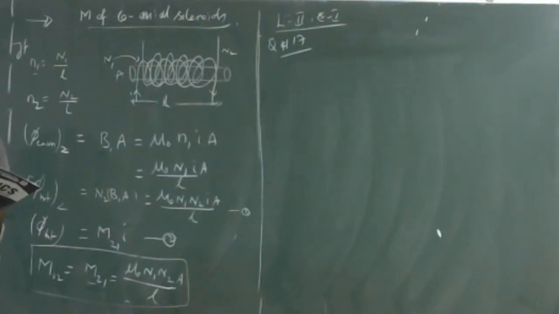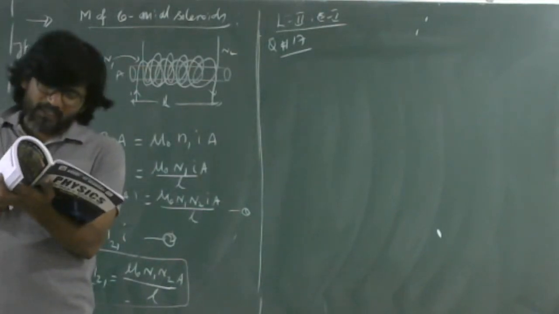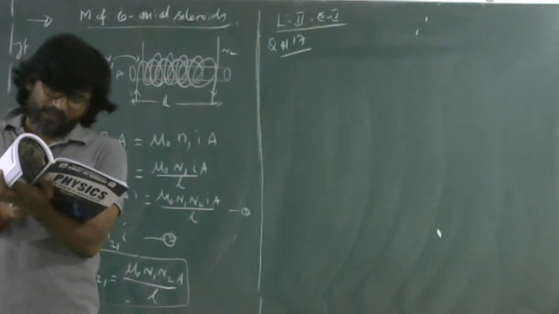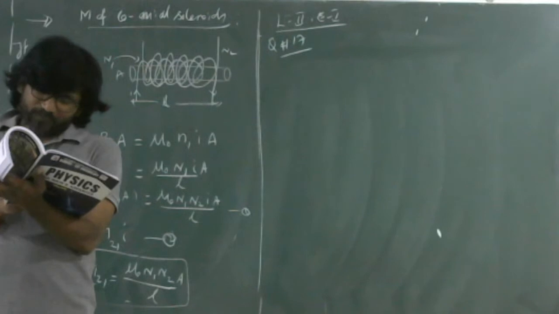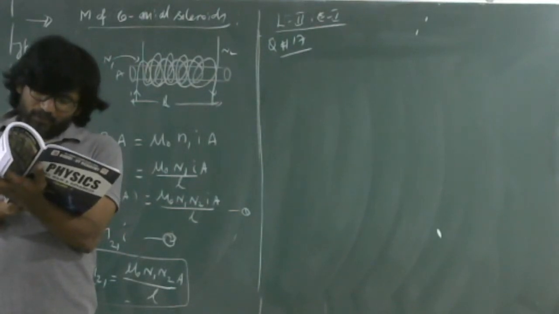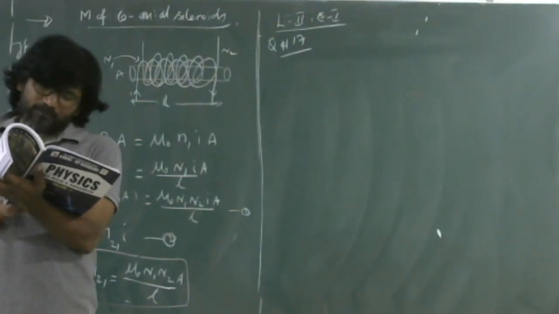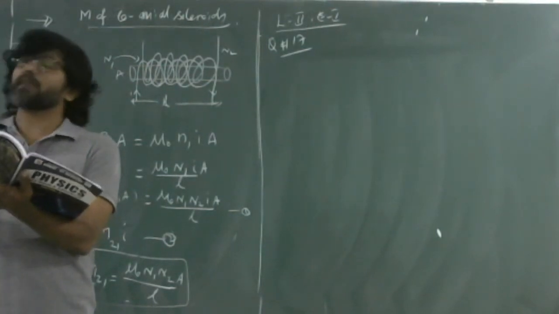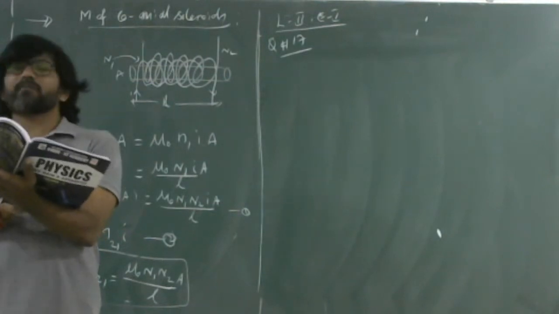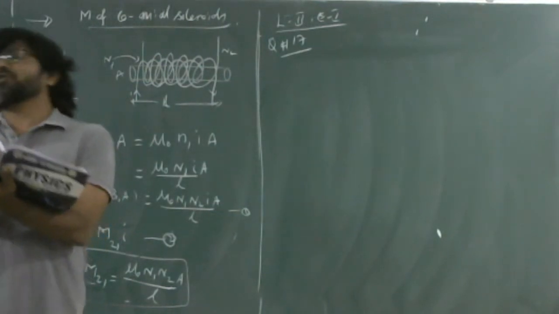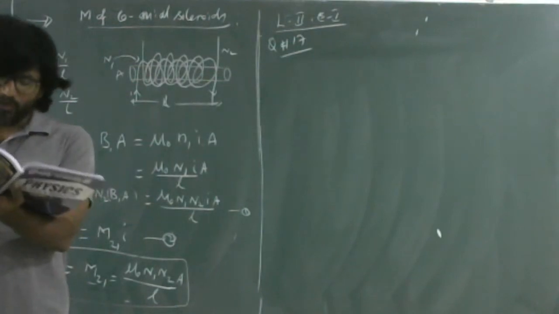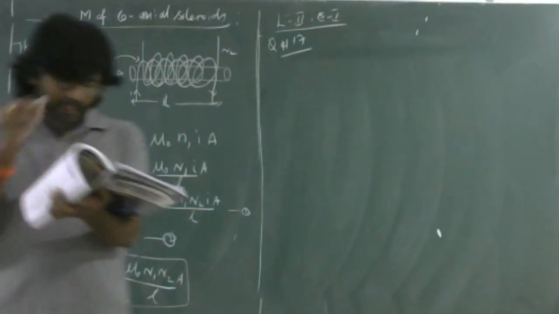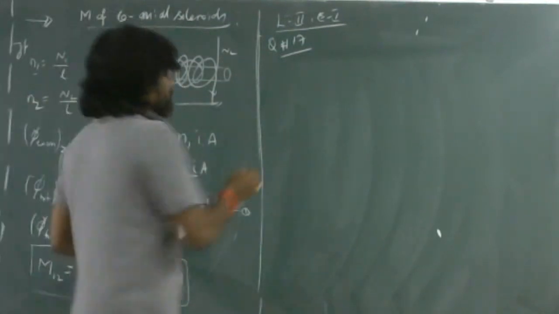So if a mutual inductor consists of two coils X and Y, and 1/4 of the magnetic flux produced by X links with Y giving mutual inductance M, then under the same conditions, if you treat Y as primary and X as secondary, you have the same mutual inductance. So the mutual inductance will be the same, M. Got it? Next.